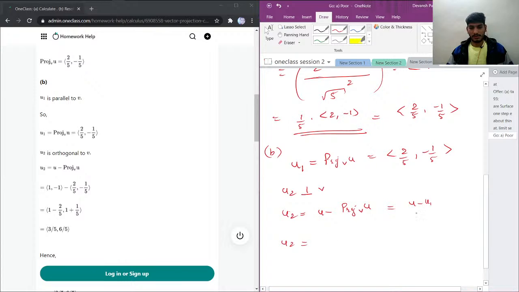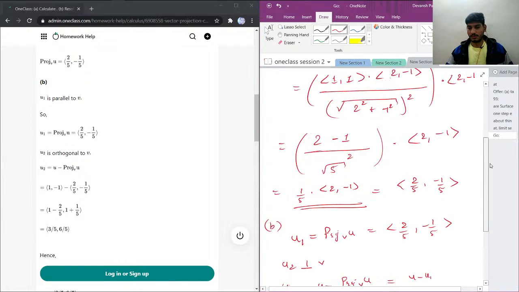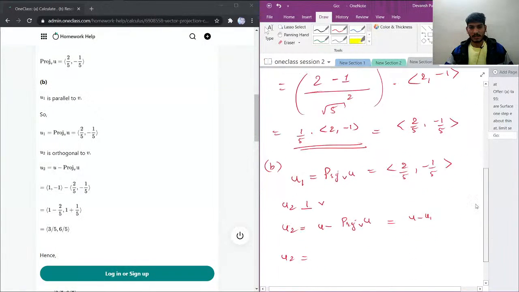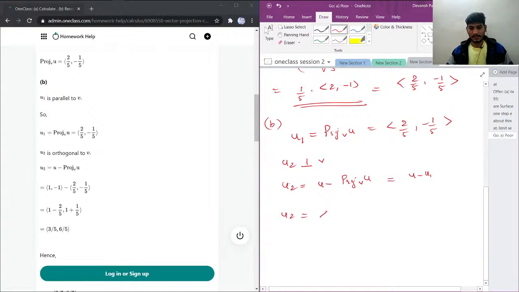u2 will be, what was u, 1 comma 1, minus 2 over 5 comma negative 1 over 5. This will become 1 minus 2 over 5 comma 1, and this minus minus will become plus 1 over 5.